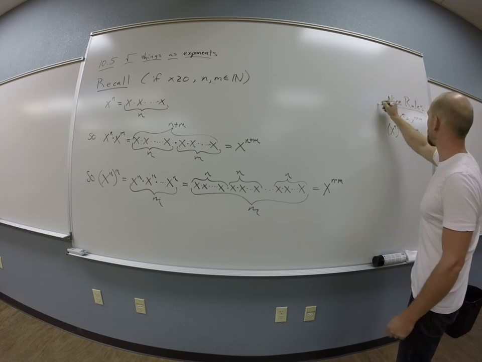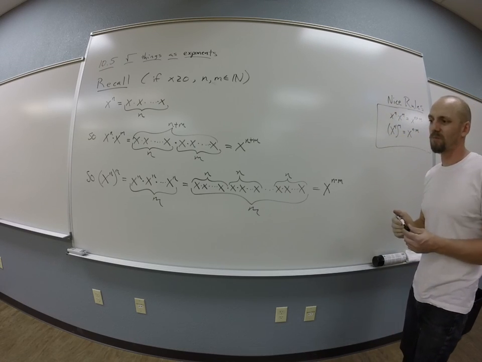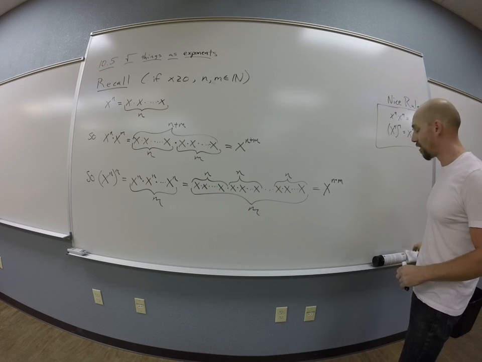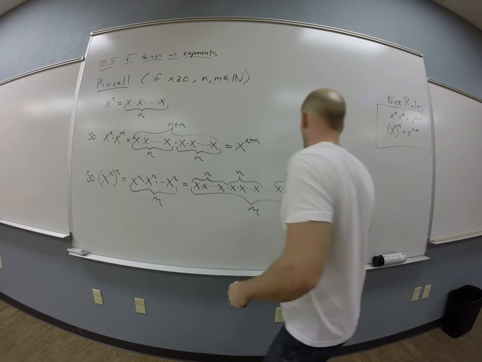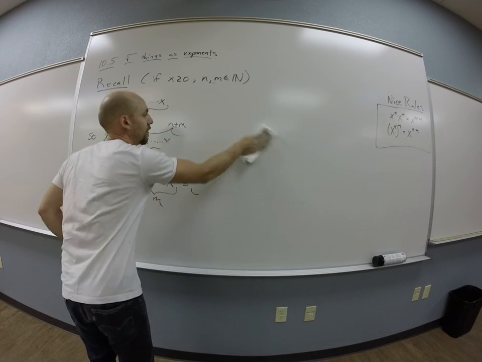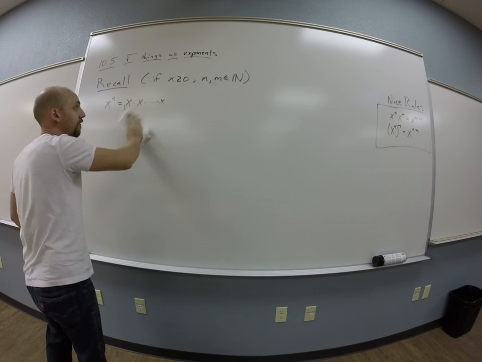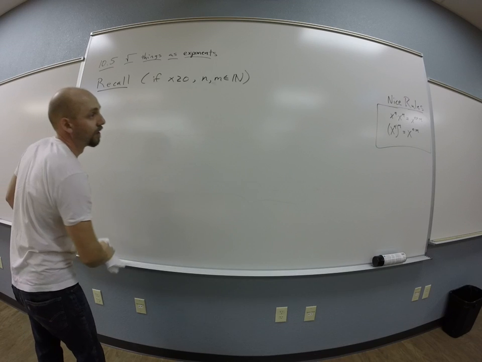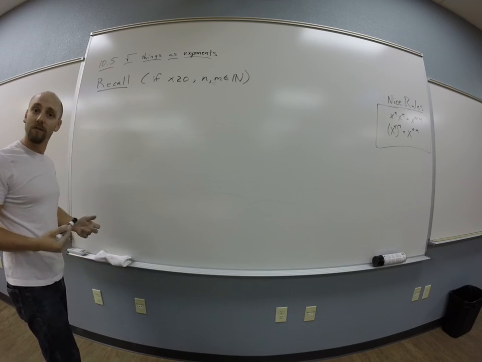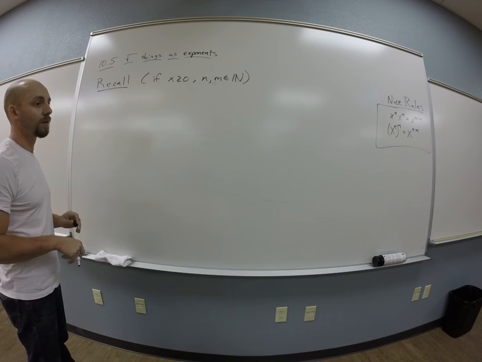So my idea is basically just to force these to work for things that aren't just counting numbers. What do I mean by forcing these to work? I mean, let's just declare that these rules work and see what we get out of it.